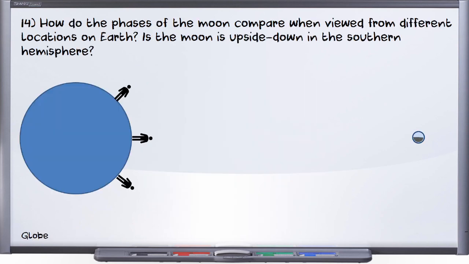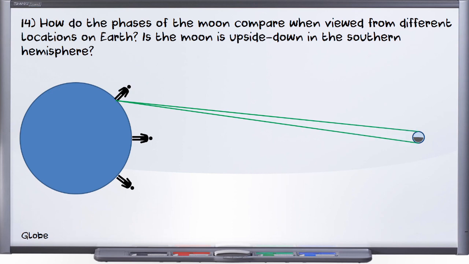Okay, how does the phase of the moon compare when you look at it from a different place on the Earth? Here I have 3 observers looking straight at the moon at the same time, and I've set it up so the northern hemisphere viewer sees our little quarter moon where the bright side of the moon is up top, where his head is, and down near the observer's feet is the dark side.